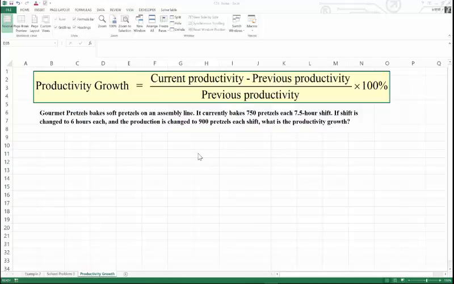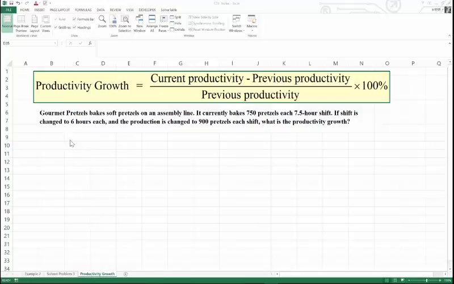Now, there are two things you need to be careful about in these questions. First, when we compare the productivity, we need to base it on what kind of time measure. Can we base it on per shift productivity? The answer is no, because the shift length is 7.5 hours, and in the future, the shift length is only 6 hours.